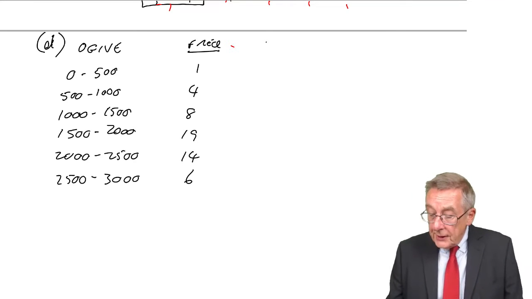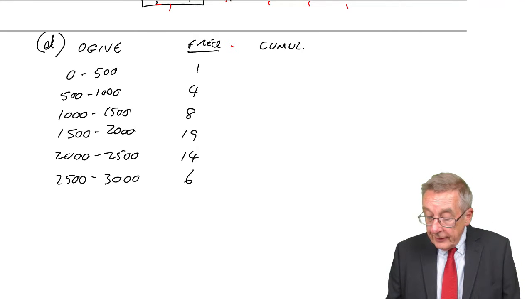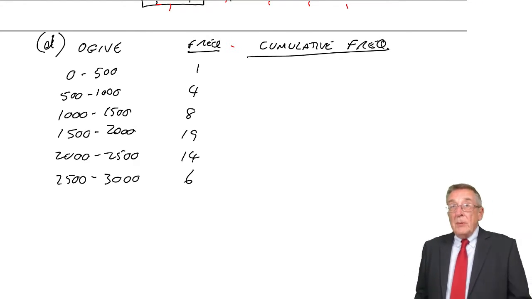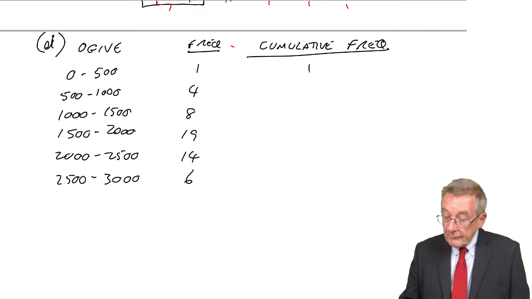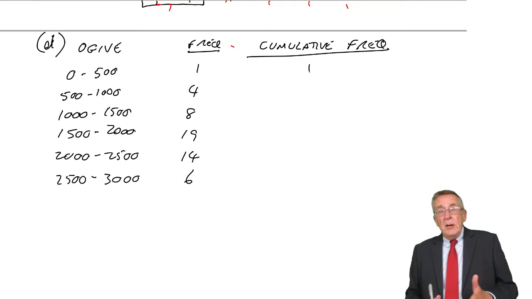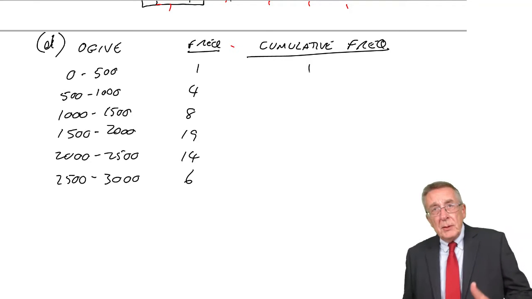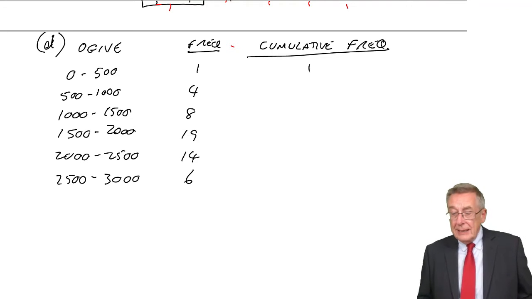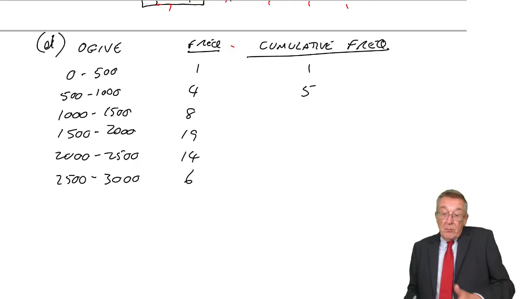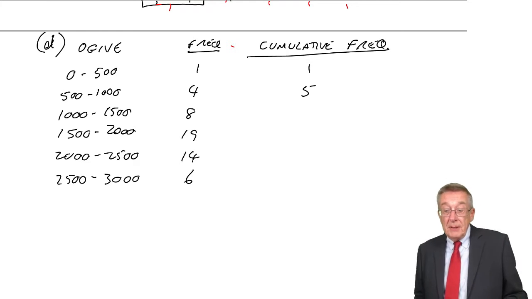We then look at the cumulative or total frequency. And we say, how many weeks was it up to 500? 1. How many weeks was it up to 1,000? Anything less than 1,000? Well, 5. Of 5 of the weeks, it was anything between 0 and 1,000.